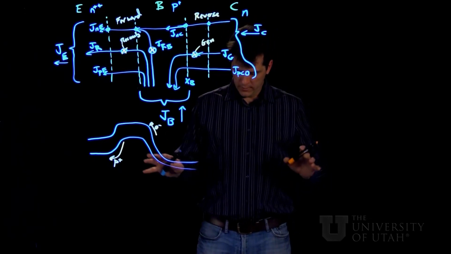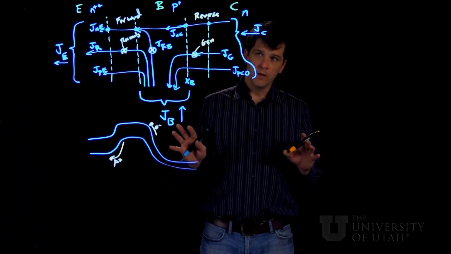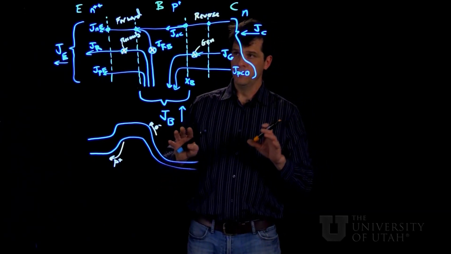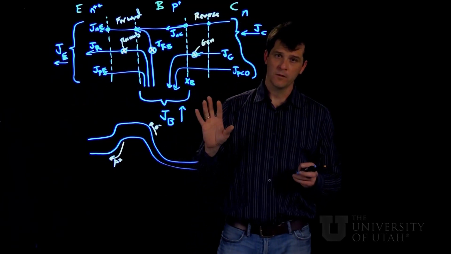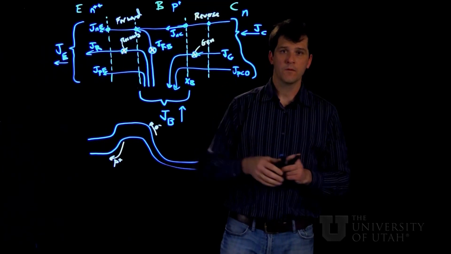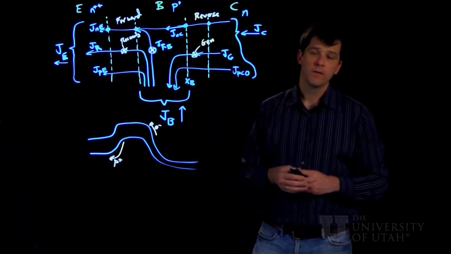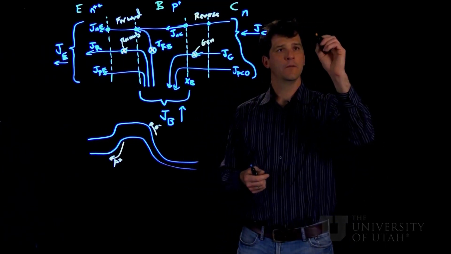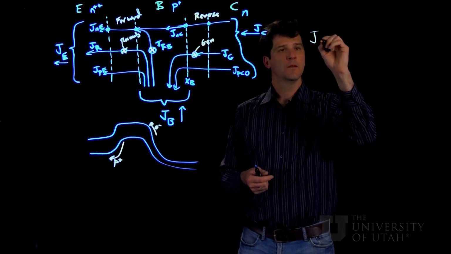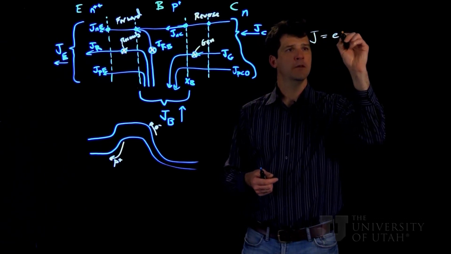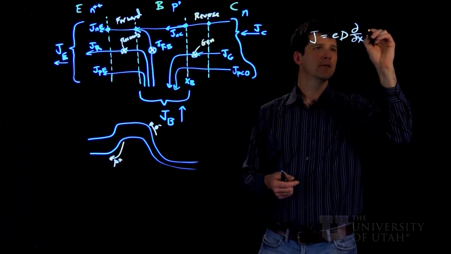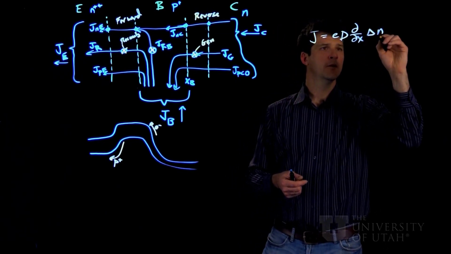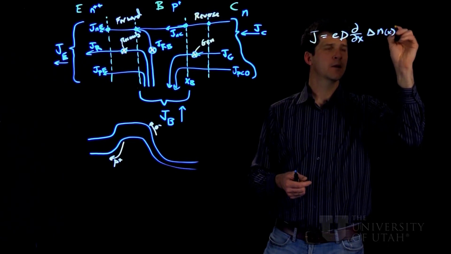Okay, so finally, again, we're not going to go through and derive each of these currents. We can just say that they would be found by taking the derivatives. So remember that J diffusion is E D d by dx of delta n or delta p as a function of x.